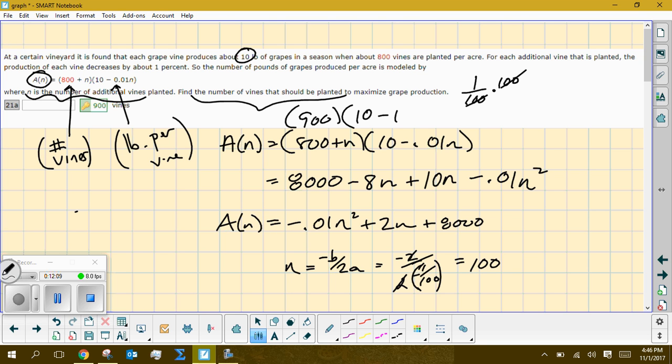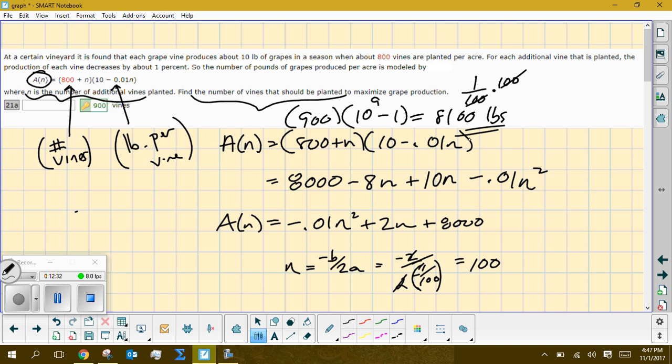So I get 10 minus 1 here, 9. Starting off with 10 pounds of grapes and reducing it down to 9, basically each vine producing 9 pounds of grapes, is a little bit more feasible, a little bit more logical than what I had earlier when I had 1 pound of grapes over here. So it gives me 900 times 9, a total production of 8,100 pounds of grapes.